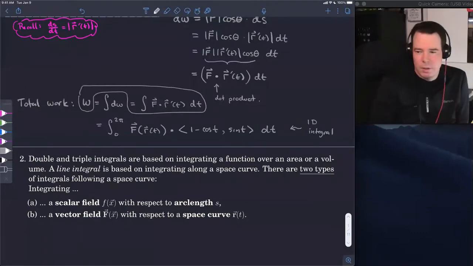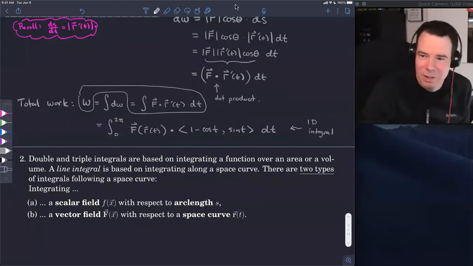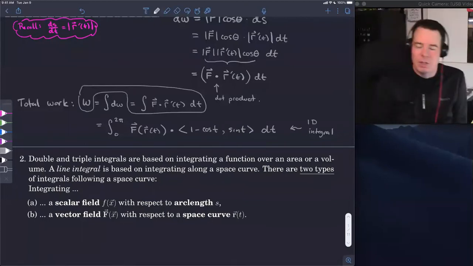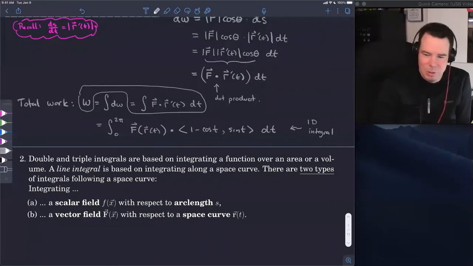And these are just one-dimensional integrals. So double and triple integrals are based on integrating a function over an area or volume. But a line integral is called a line integral, though we're never integrating generally over just a straight line. A line in this case just means a one-dimensional curve.